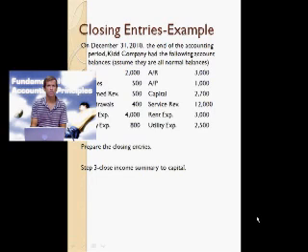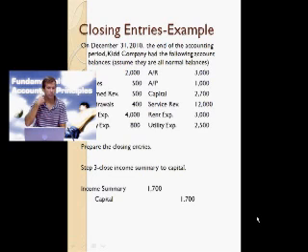Take the difference, and we're going to close income summary for that amount, $1,700. So our income summary had a credit balance of $1,700. To close that out, we debit income summary for $1,700, and we credit capital for $1,700. Do you know another significance of that $1,700 number? Do you know what it is? It's net income is what it is.